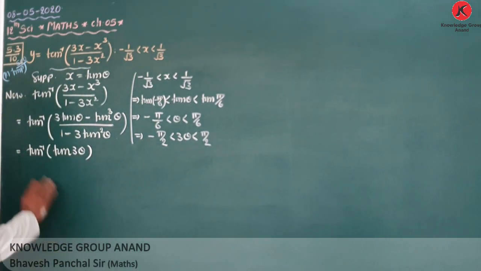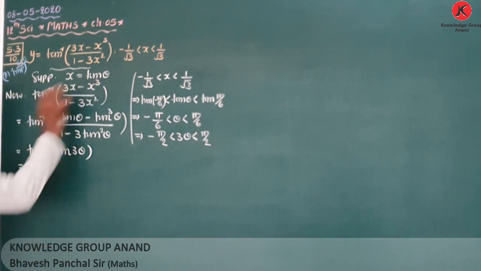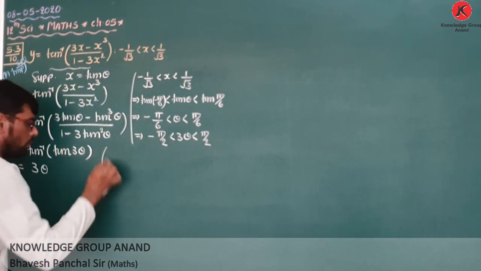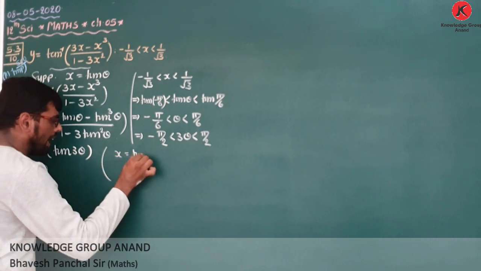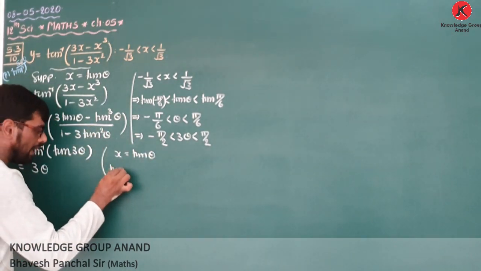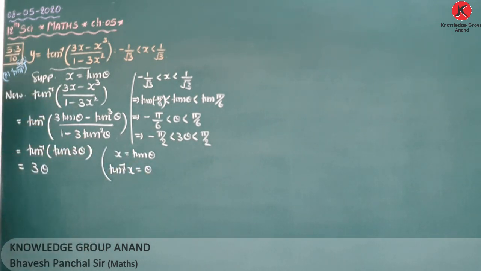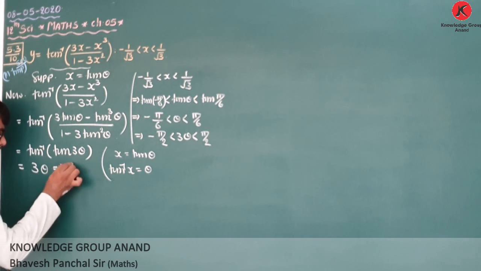Then here tan inverse of tan, that is identity function, and here we put 3 theta. But theta equal to, see here, x equal to, we have to assume x equal to tan theta. Now we apply tan inverse function both sides, then here tan inverse x equal to theta. Then we put theta equal to tan inverse x, then here 3 into tan inverse x.